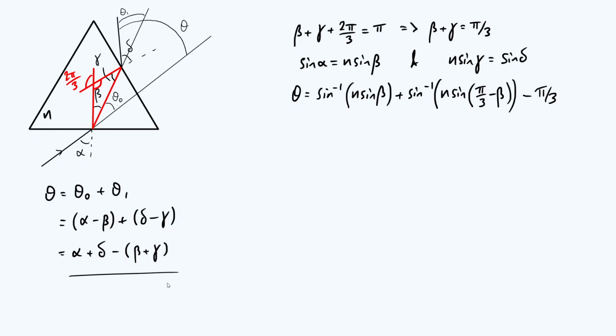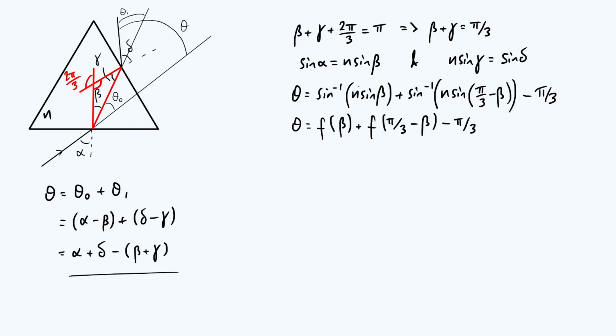Okay, so this has come out looking like, well, it's not a particularly nice looking function, but it does have a certain kind of nice symmetry about it. Now, if we were to define this part, inverse sine of n sine beta, as f of beta, where f is some function, we could write theta as f of beta plus just f of pi over 3 minus beta, and then minus pi over 3, right?